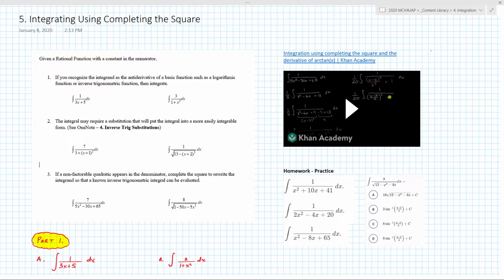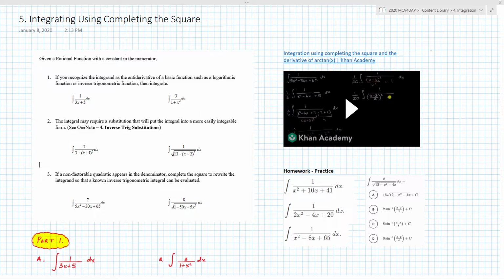Part one. Given a rational function with a constant in the numerator, if you recognize the integrand as the antiderivative of a basic function, then all you need to do is just integrate or find the antiderivative. Even though the topic is completing the square, we're not using completing the square when you have a constant in the numerator and you can just basically find the antiderivative.